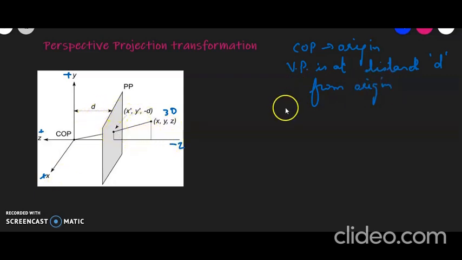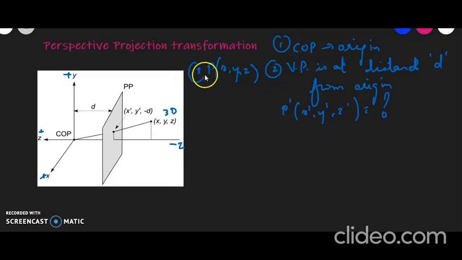Now we are supposed to find out the value of P dash, x dash, y dash, and z dash. So this is a question mark to us. And also one more thing given to me is P(x, y, z). So this is number one that's given to me, and number two and number three is the point that is given to me, that is x, y, z. And I am being told to find out P dash, x dash, y dash, and z dash. For that, we are going to get the transformation matrix as the output.